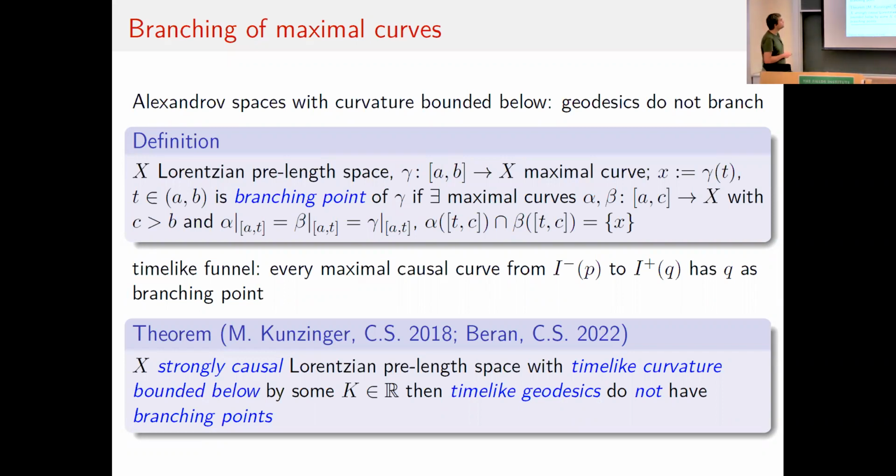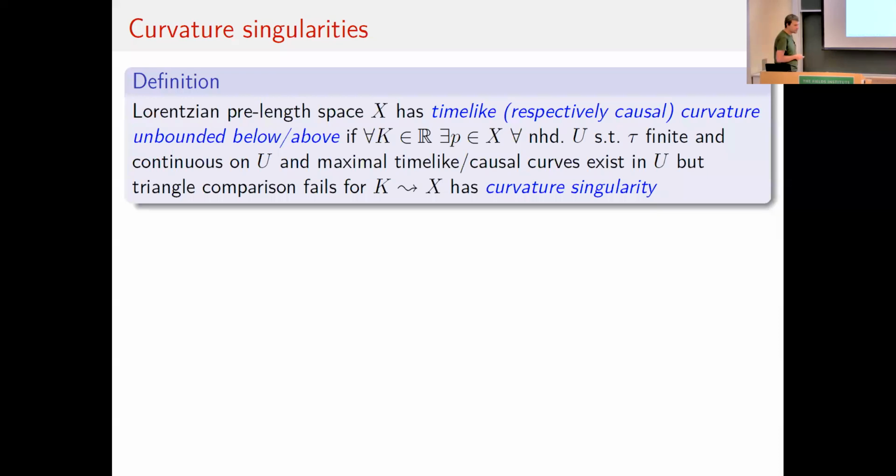Also, if you have these curvature bounds, you can say that a space has a curvature singularity in the synthetic sense if for every k there is a point and a neighborhood u, such that you can actually do the comparison in your neighborhood.